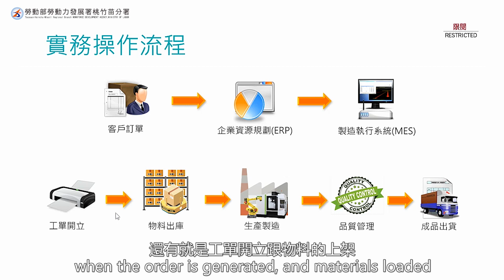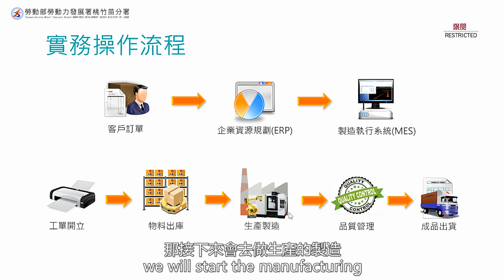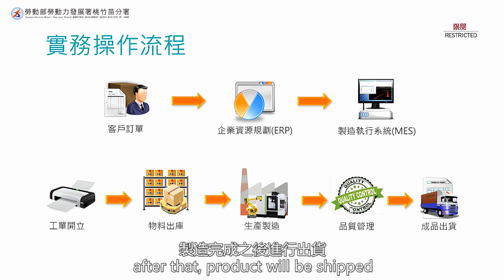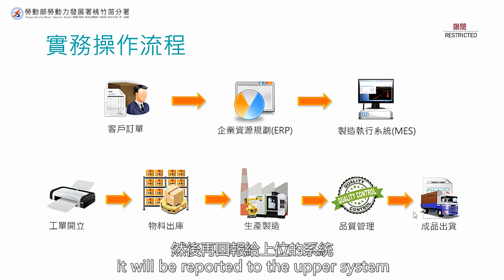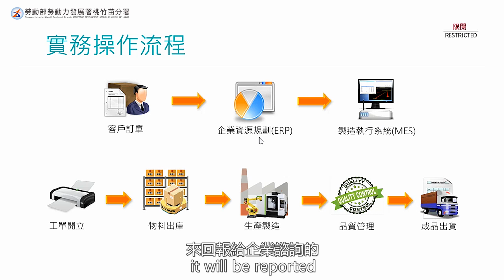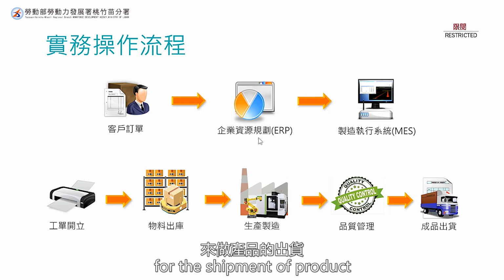When the order is generated and material loaded, we will start the manufacturing. After that, the product will be shipped. When shipping is done, it will be reported to the upper system. It will be reported to the ERP system for the shipment of the product.